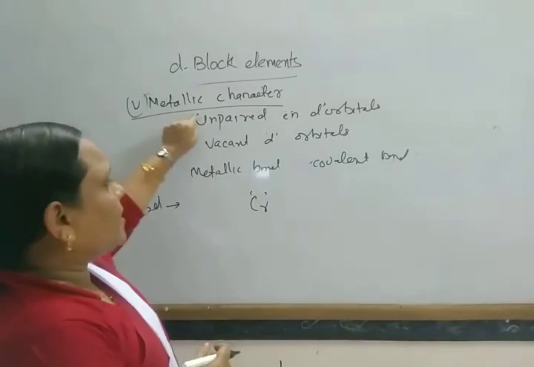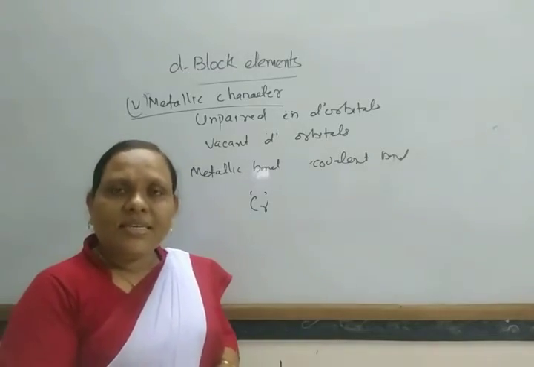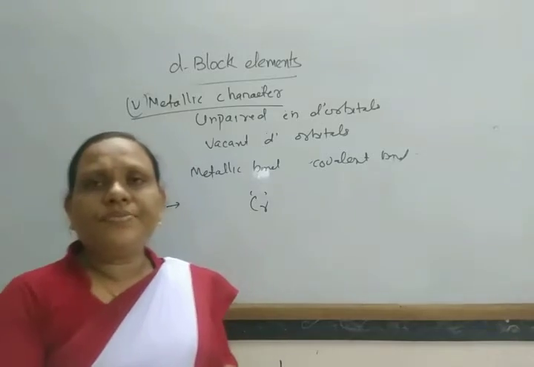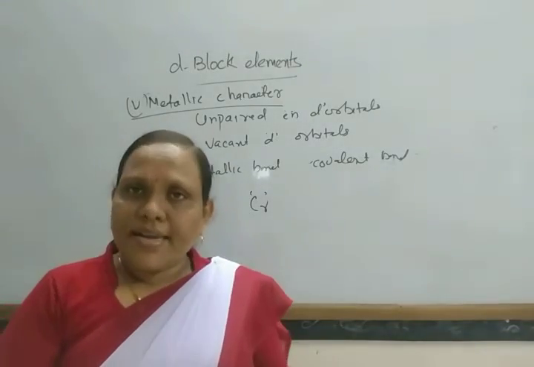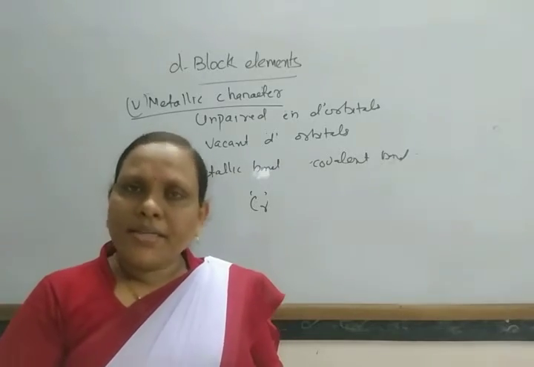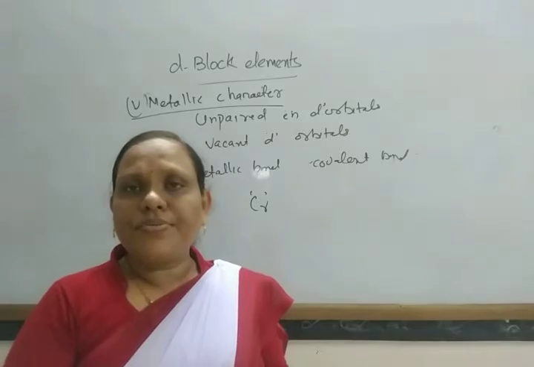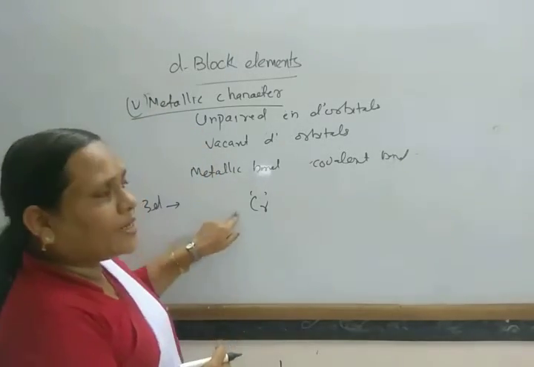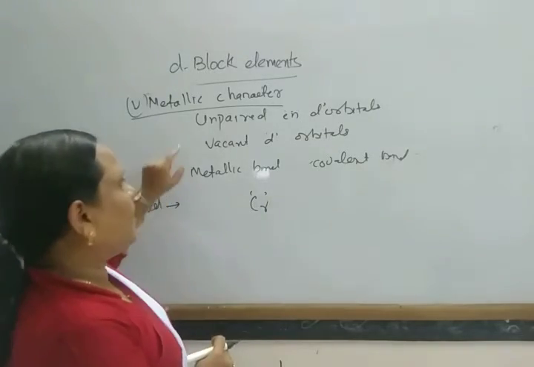Due to this metallic character, these metals generally have metallic luster. They are malleable, ductile, and some are brittle. They also exhibit metallic character due to their low ionization enthalpy.